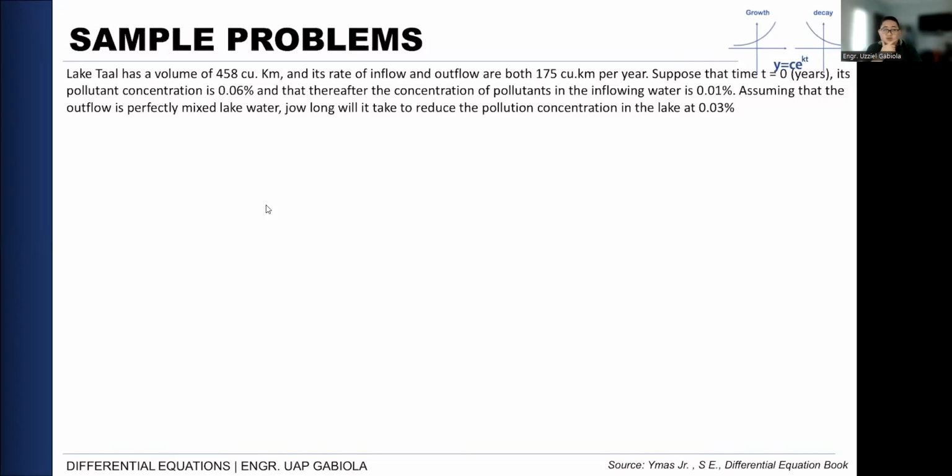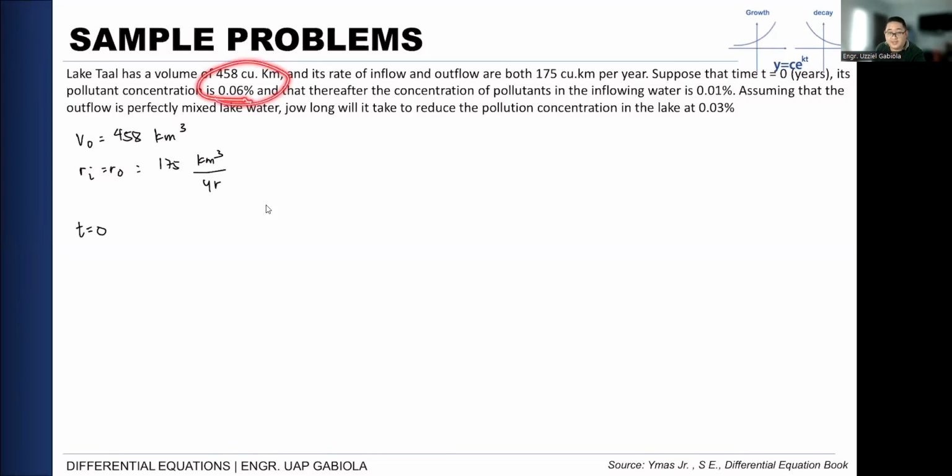So, meron tayong initial volume ni Lake Taal. Okay? So, initial volume natin is 458 cubic kilometer. Okay? And then meron tayong rate in, tsaka rate out daw, na 175 cubic kilometer per year. So sabi, at time is equals to 0, yung concentration daw is 0.06%. 0.06% ng ano?